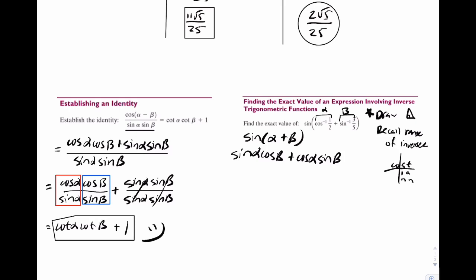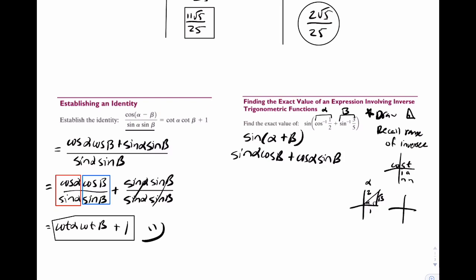Luckily, these are both positive, so nothing too crazy here. I'll just draw them both in quadrant 1. So here's our alpha triangle. We know the adjacent is 1, hypotenuse is 2. That makes your opposite root 3.